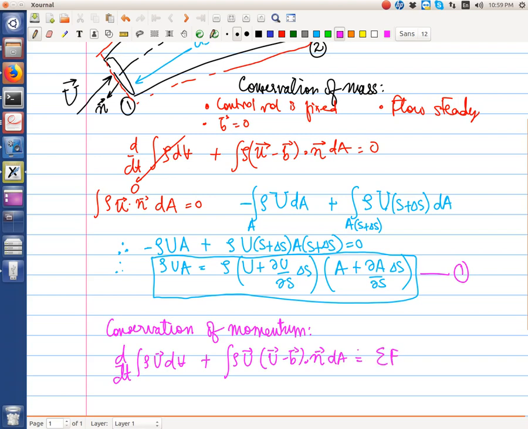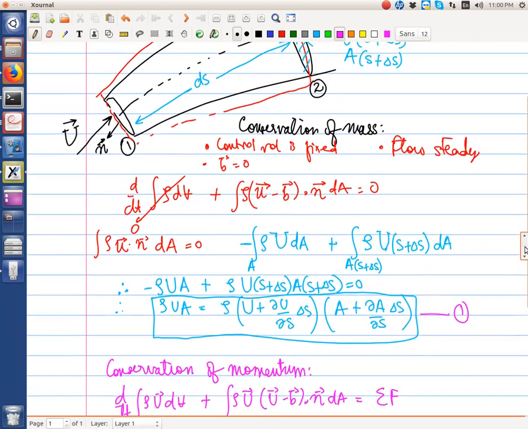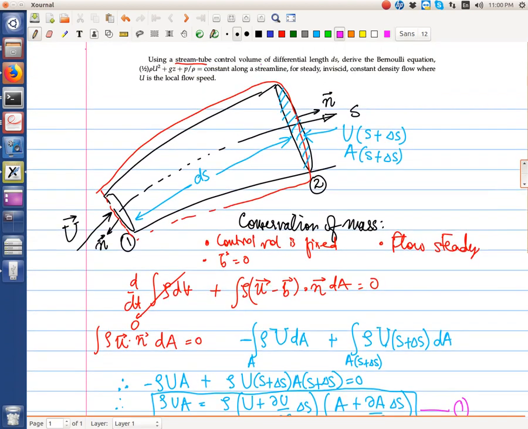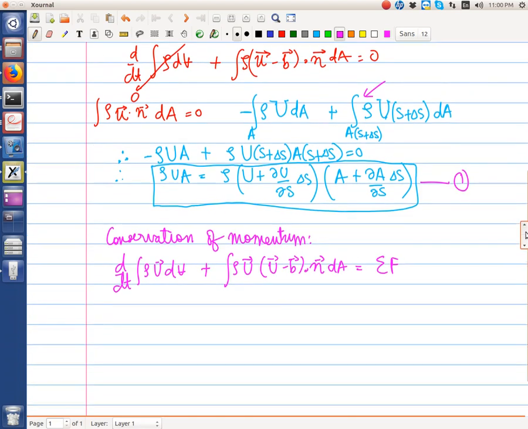And because it is given that the flow is inviscid, the contribution of force only comes by means of pressure. It is given that it is steady, inviscid, constant density. Okay, that's why we choose rho equal to constant over here. Otherwise, this rho will also have a rho plus del rho/del s delta s component, which we would need to account for later on.